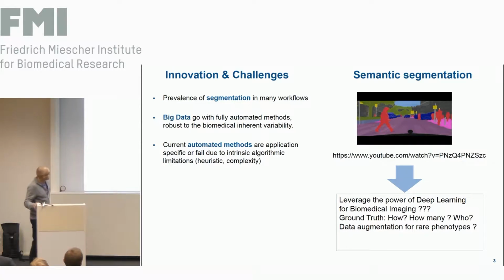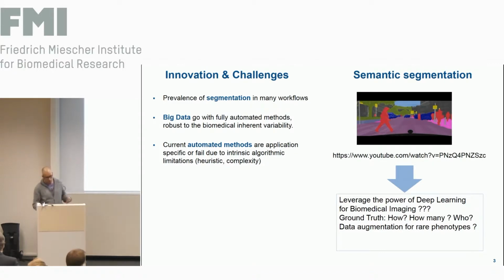But many questions are still open. So Thorsten already talked about it. It's a main problem in deep architectures. What about the ground truth? Do we have it? How do we acquire it? And how many are necessary? So we know that generally deep architectures get better and better with the amount of training data.